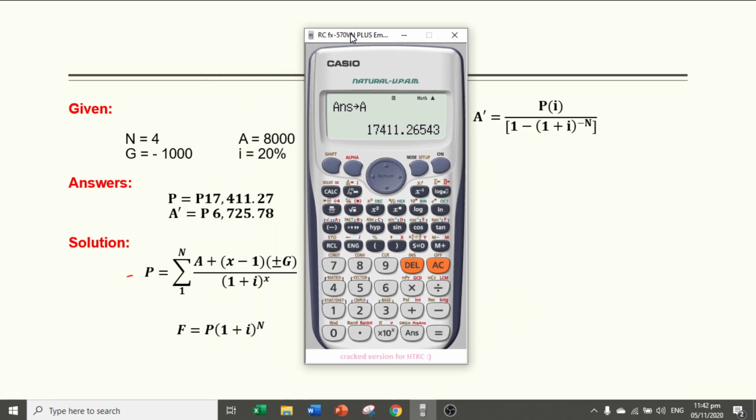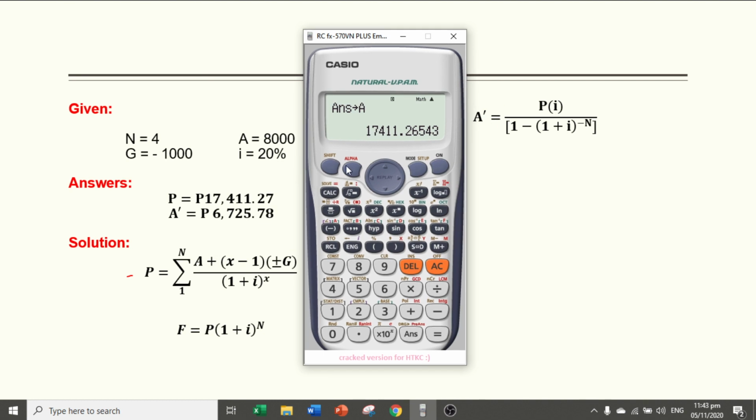Store natin sa A para mabilis natin makuha si A prime. Okay? Therefore, A prime is equal to P. Clear natin. Ano yung P natin? Nasa A times I, 0.20, over 1 minus 1 plus I, 1.20, or plus na lang para hindi kayo malito, raised to negative N, which is negative 4.